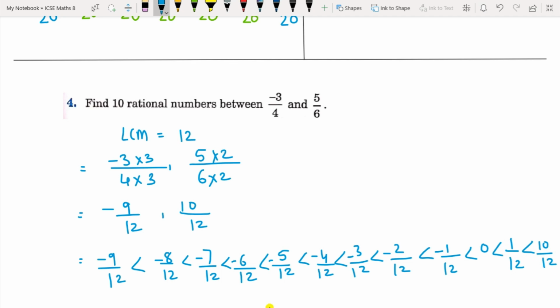So this way you can write any number between minus 9 and plus 10.